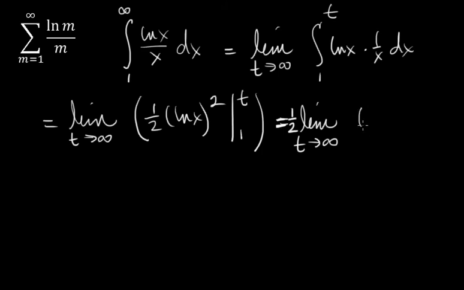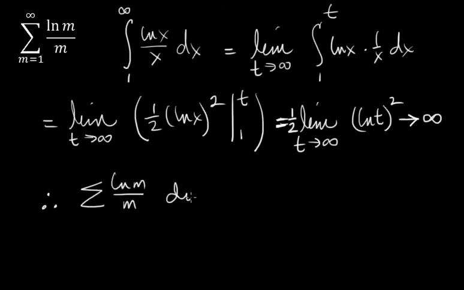Pull the constant out and we have natural log t squared minus natural log 1 squared is 0. And you know that this diverges to infinity. So we can just draw our conclusion. Therefore, sigma ln n over n diverges by the integral test.